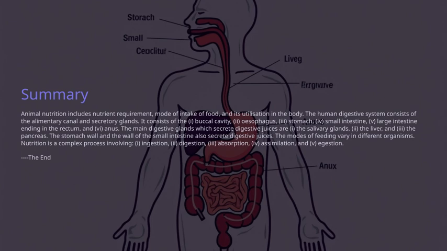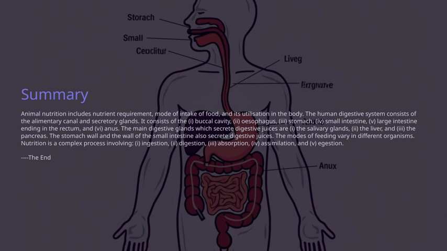It includes several key parts: the buccal cavity where food enters, the esophagus which transports it, the stomach where initial digestion occurs, the small intestine, the main site for nutrient absorption, the large intestine, responsible for water absorption and waste formation, and finally the rectum and anus for egestion.